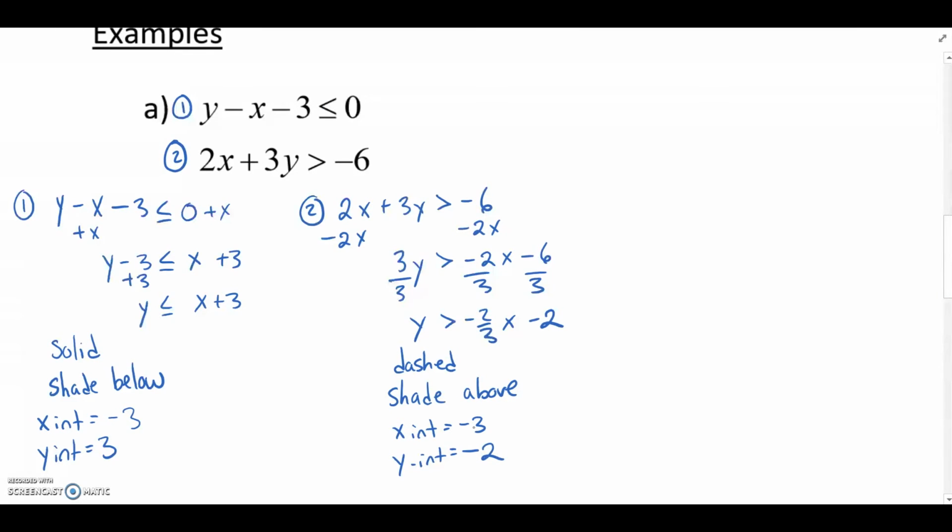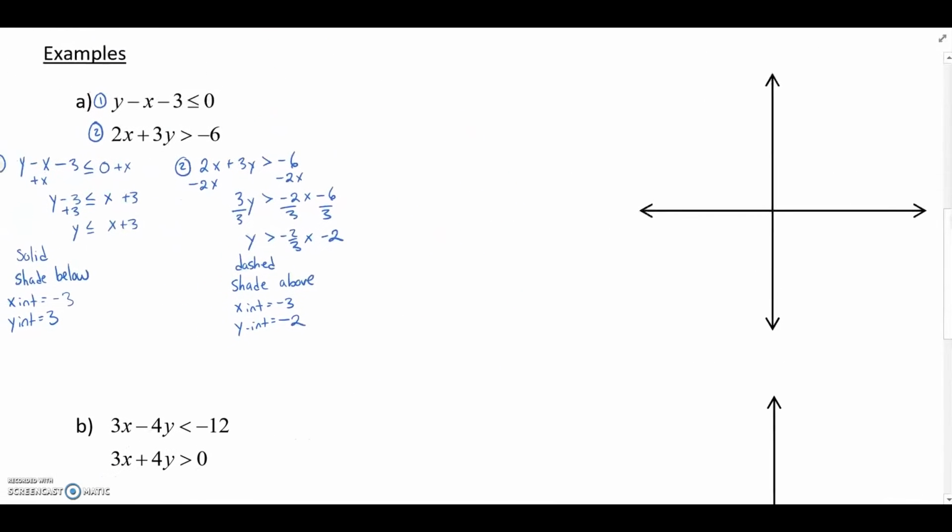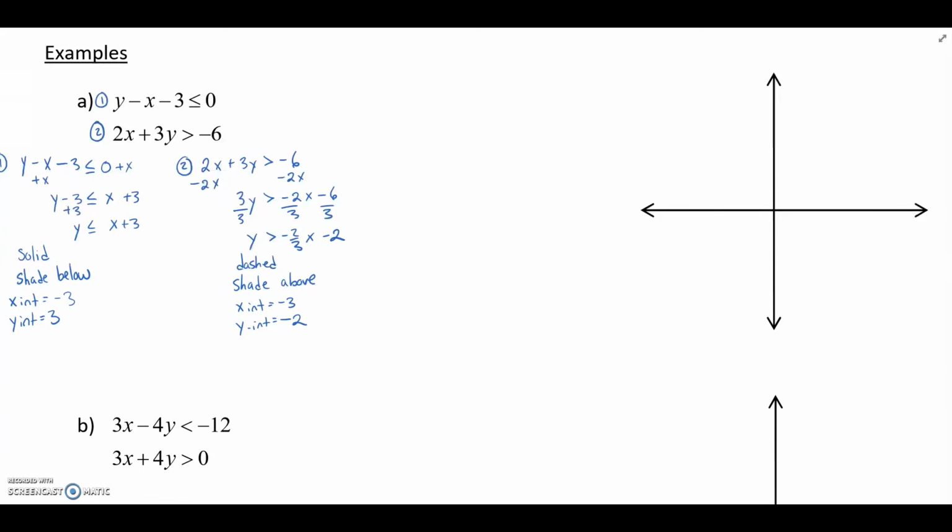Okay, let's put all of this onto our grid. So I've got my solid line here. So that's going through 3 and -3, and that's from inequality 1.